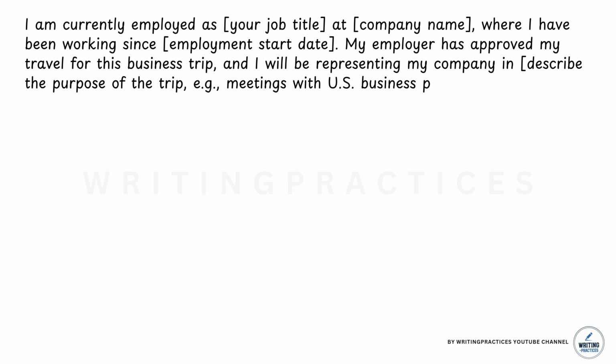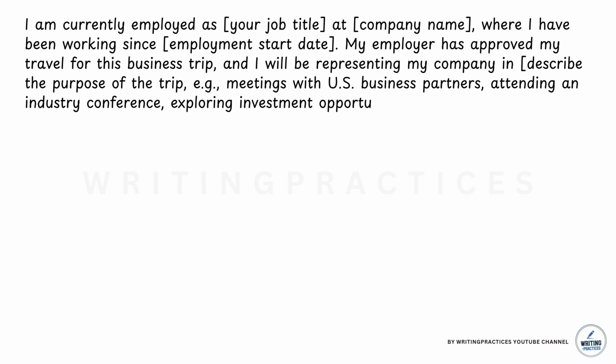My employer has approved my travel for this business trip, and I will be representing my company in meetings with our US business partners in New York, as well as attending an industry conference on technology and innovation. This section reassures the consular officer that your trip is legitimate and aligns with the purpose of a B1 visa, which is strictly for business-related activities.